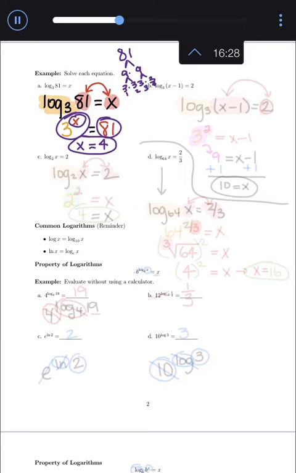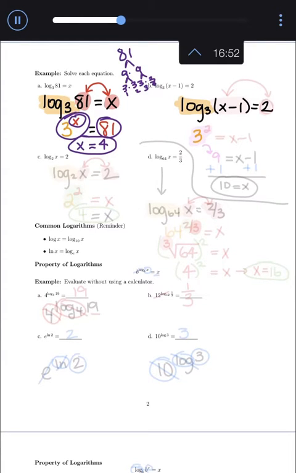Now let's look at B. On B we have log base 3 of x minus 1 equals 2. Well, again, let's do the same trick. We have a log base 3, which means I can use my inverses, my exponential base 3.